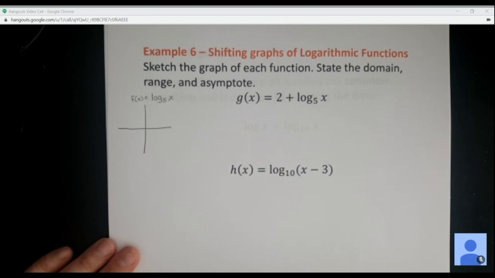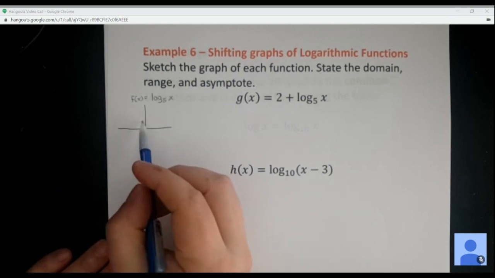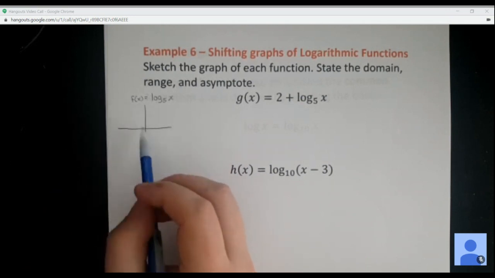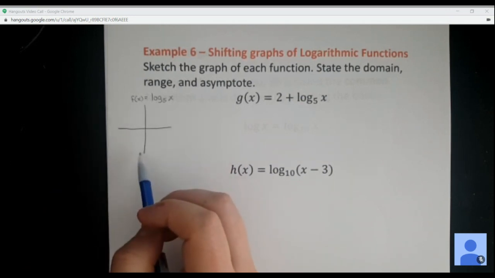Okay, so 0, 2. So 0, 2 is actually on the y-axis, right? And if you think about it, all of our log functions, we're always going to have that vertical asymptote along the y-axis, right? So we're never actually going to cross the y-axis at all.